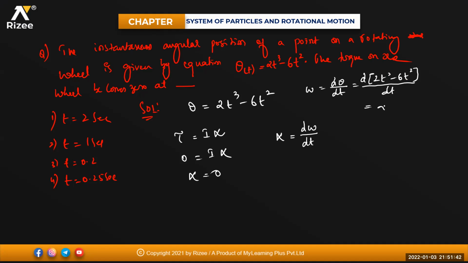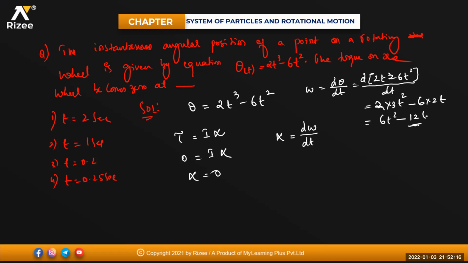Differentiation of 2t cubed will be equal to 3 into 2 into t squared, that is 6t squared, minus 6, differentiation of t squared is 2t. So 6t squared minus 12t.